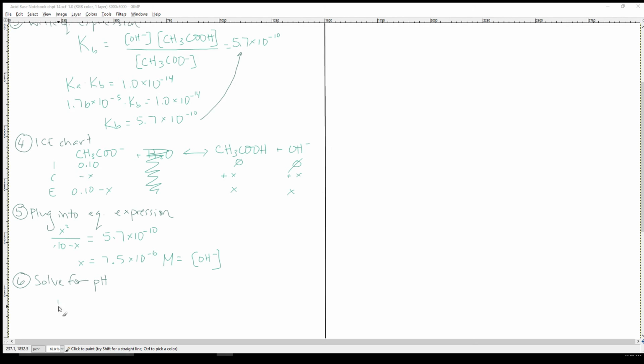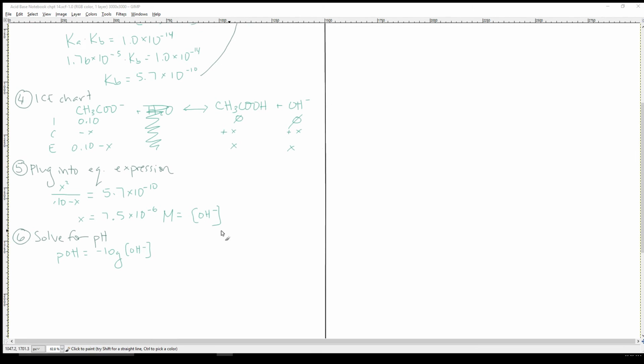So pOH is equal to the negative log of the concentration of hydroxides. I need a little more room than this. So that means that that's equal to the negative log of, what was it, 7.5 times 10 to the negative 6.